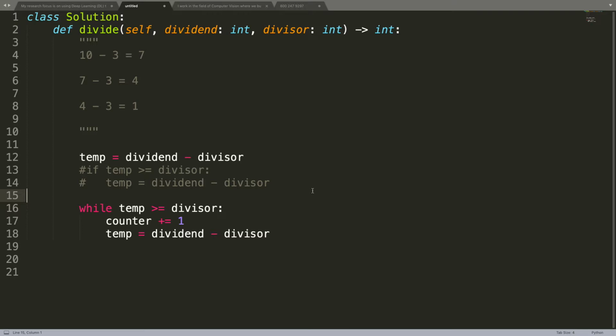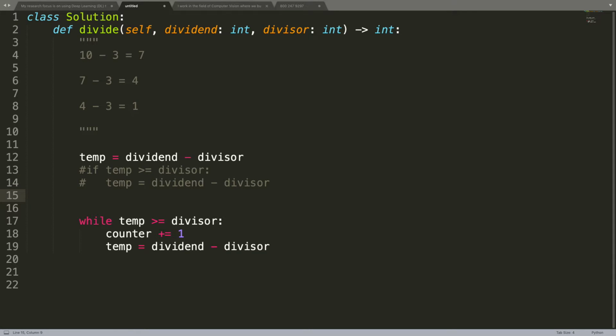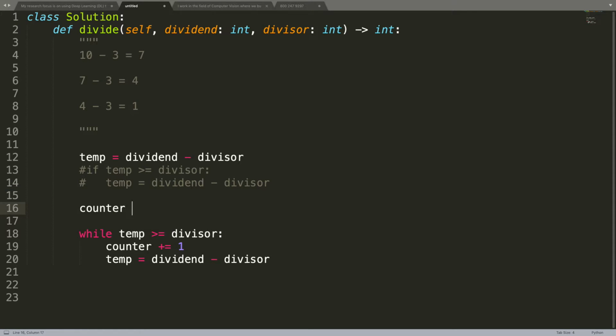And that counter is going to start with 0, and my return is going to be the counter. So let's see.